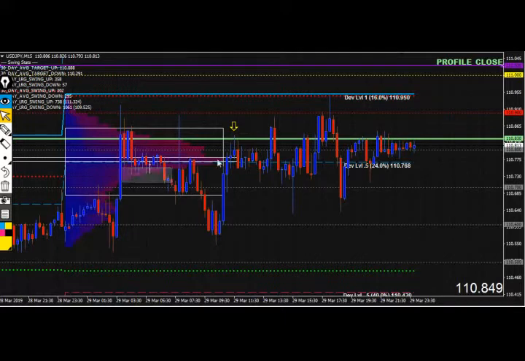The trade I'm going to show you, I only risked about $21, and I took the trade looking for about 10 to 12 pips in my favor. I got 12 pips.